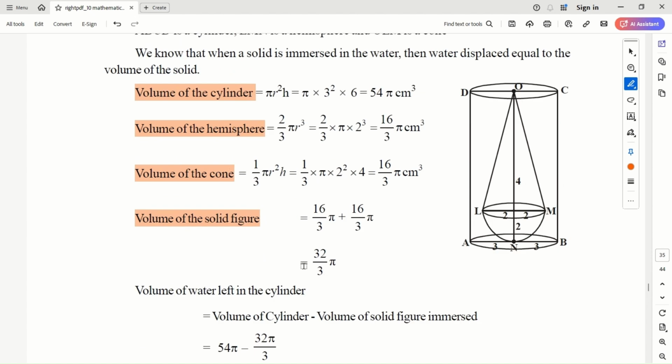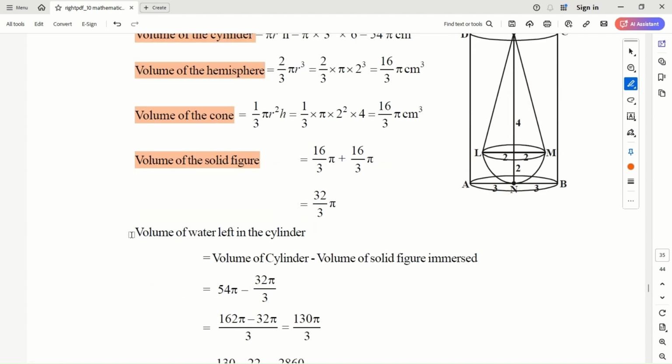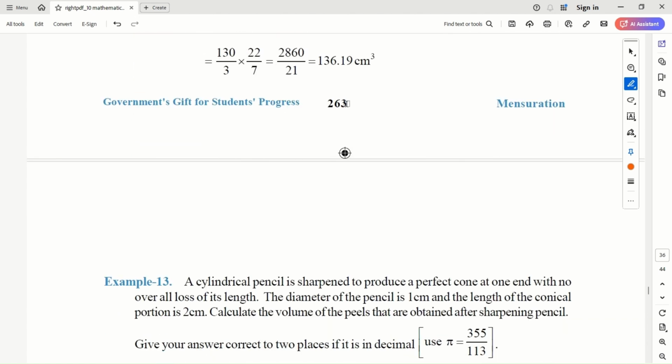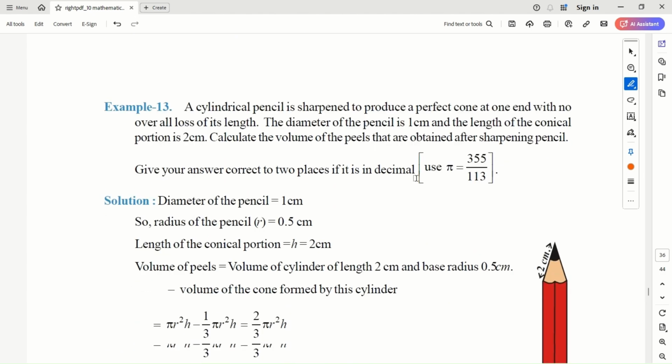And then the volume of the water left in the cylinder is volume of the cylinder minus volume of the solid figure. So you substitute the proper numbers, then you will get the answer. Okay, this is the answer. Next example.